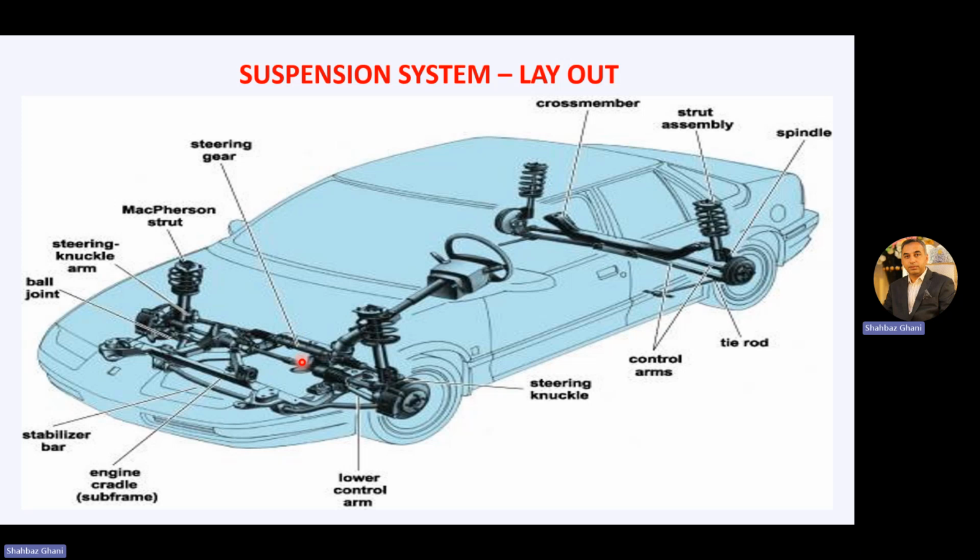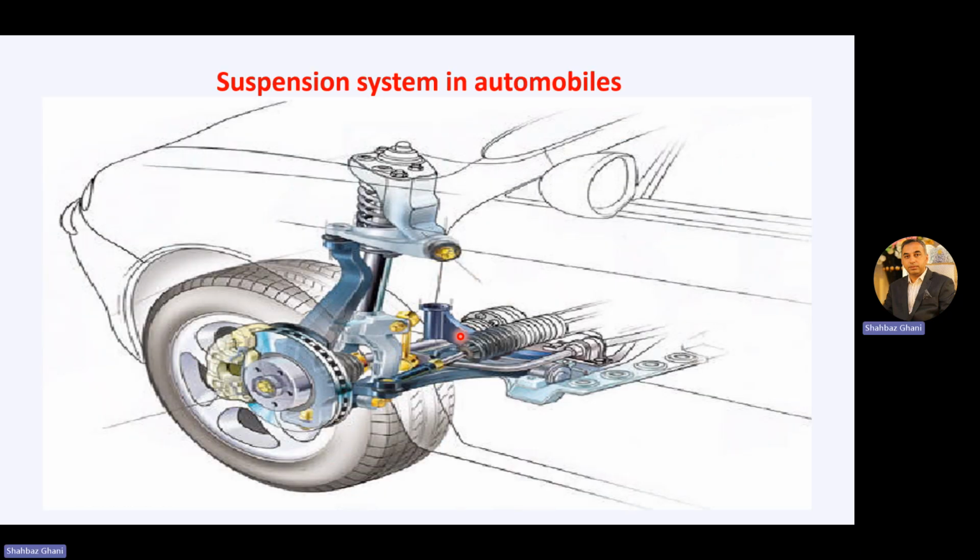These constitute the front suspension system. And in the rear suspension system, we have this spindle and the strut assembly and cross member and control arm. We will study in detail all these assemblies or parts which I have laid out here. Now, generally, the front suspension of a vehicle looks like this.